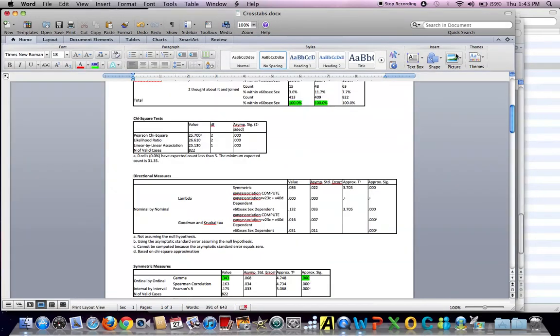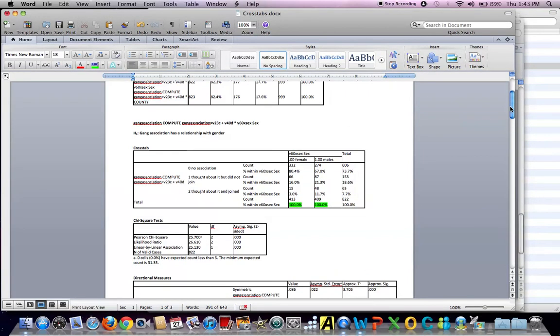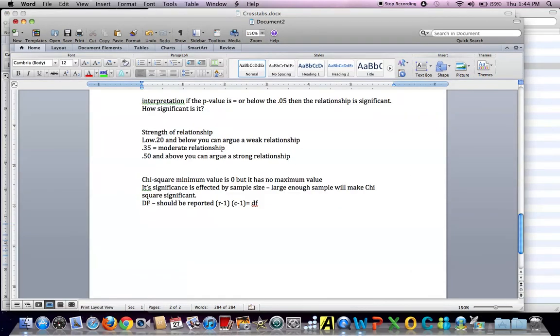So you ask, how many rows do I have? In this case, you have 3 rows, 1, 2, 3, so 3 minus 1 gives you 2, and you have 2 columns, 2 minus 1 gives you 1. That should give you degrees of freedom equal to 2, and it does.